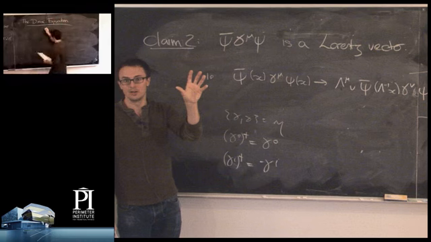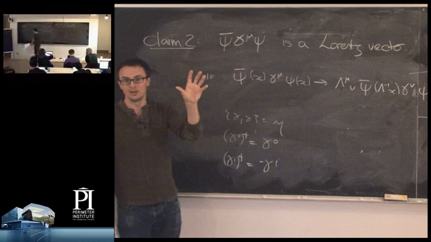So the Dirac equation. We want to write down a Lagrangian, which is a Lorentz scalar. And we've now constructed a Lorentz scalar, psi bar psi, and a Lorentz vector, which is psi bar with a gamma stuck in the middle there, that we can play with.